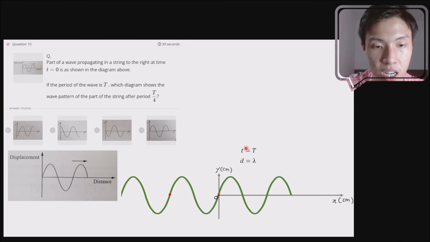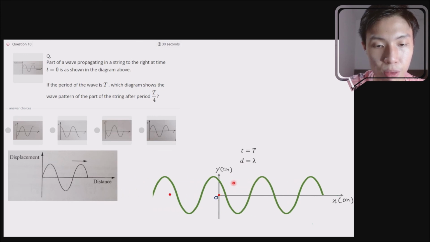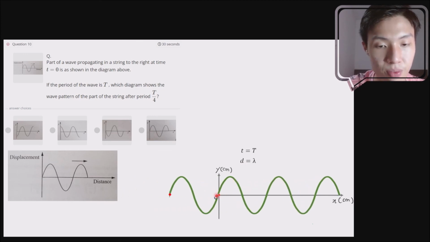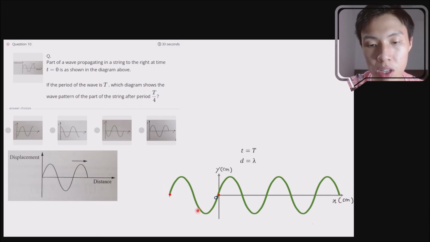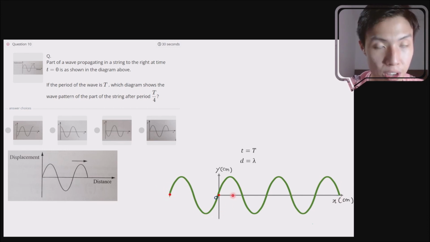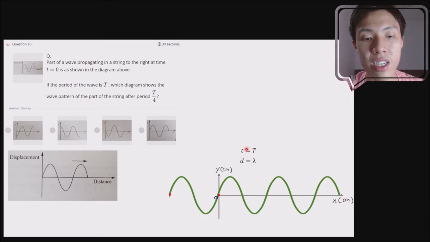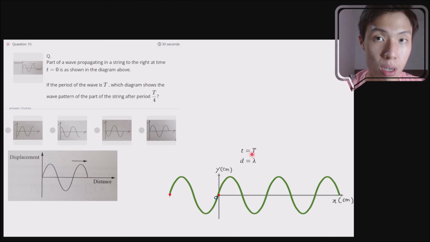So this is time equals 0, as we start our timer, then the graph will move to the right. When t equals the period, the wave looks like this. You see that you have extended by another one complete wave cycle, because one complete wave cycle has already moved in. This is what happens if the time that has passed is equal to the period.